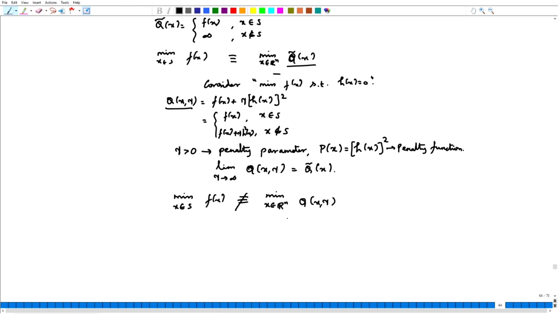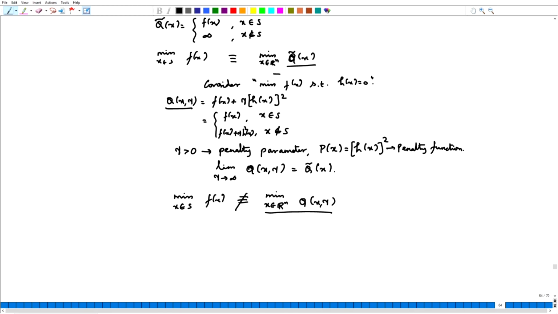But given that q of x comma gamma goes to q tilde of x as gamma tends to infinity, it turns out that for high values of gamma you get close enough to the minimum of f of x. So, that is the reason why we can substitute a constrained optimization problem with an unconstrained optimization problem, where you are minimizing a quadratic penalty function.